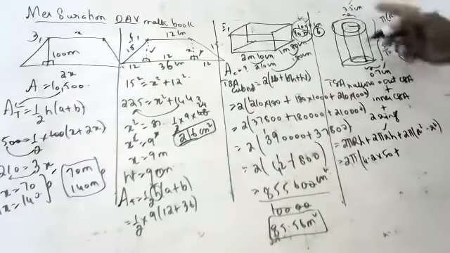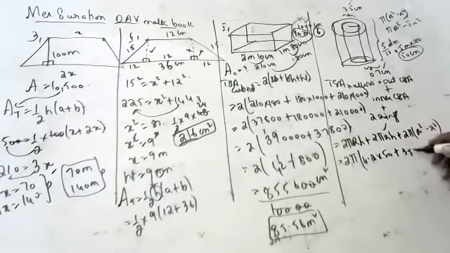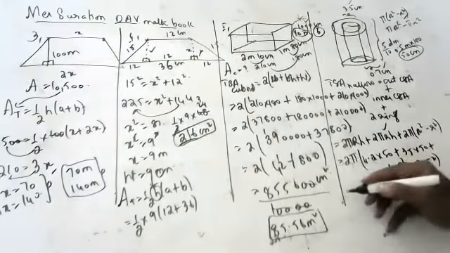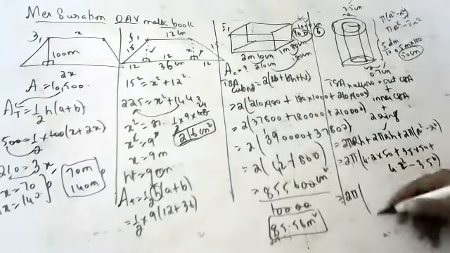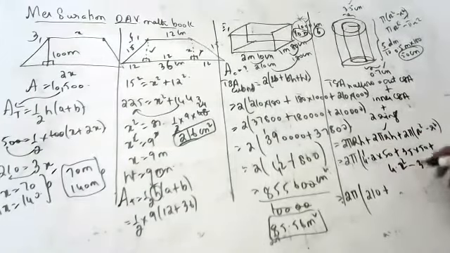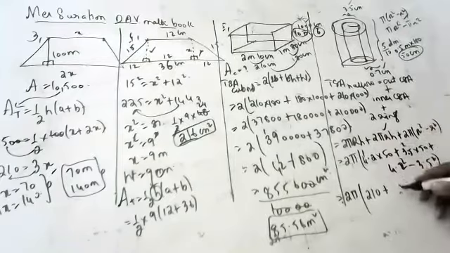Plus smaller is how much, children? 3.5 into 50 plus bigger is 4.2 square minus 3.5 whole square. Children, you should concentrate. If you don't concentrate, you'll get confusion. Please see here, children. 5 2s are 10, 5 4s are 20. 5 5s are 25, 5 3s are 15, 16, 17.